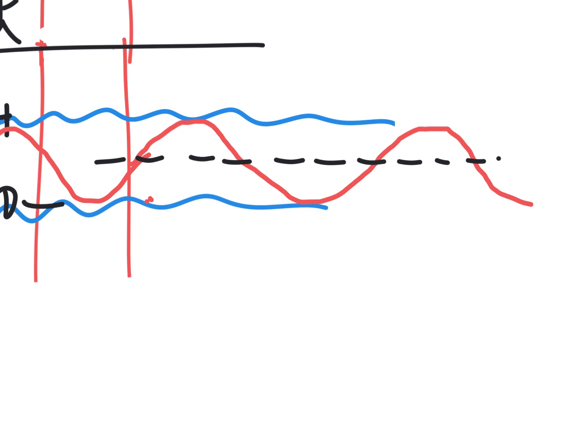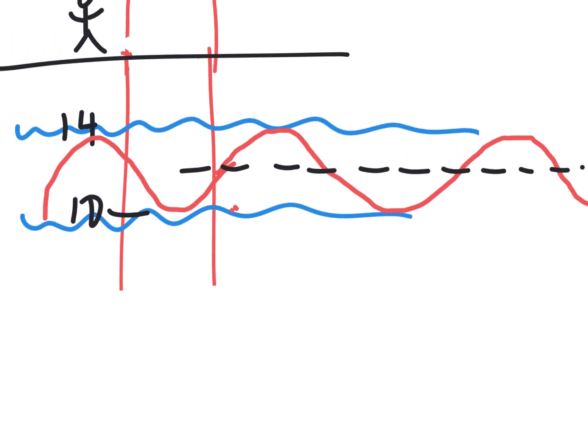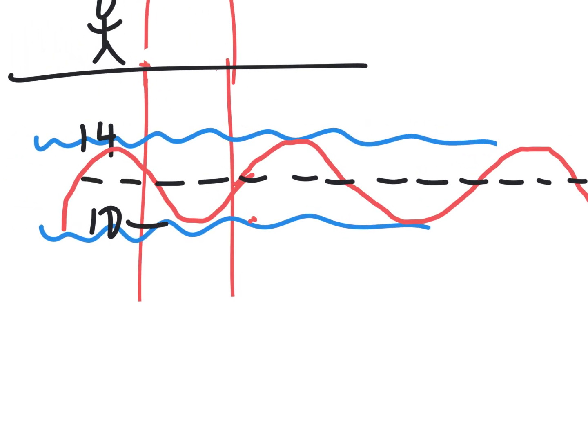That's normally at 0. But in this case, where's the center line in this one? No, it's not at 10. It's between 10 and 14, so it's 12. So, if I wanted to write the equation for this, we always use cosine because of a little trick.